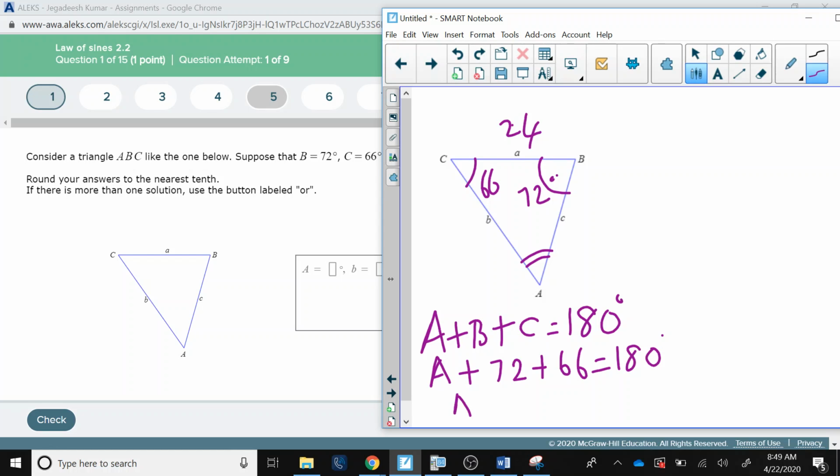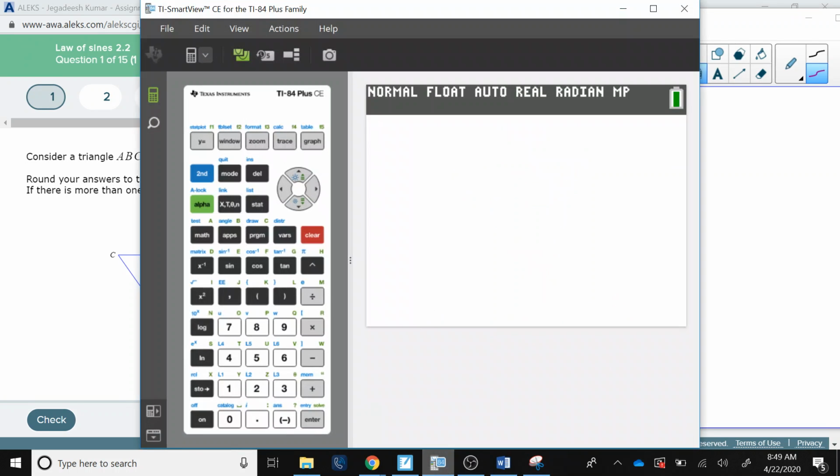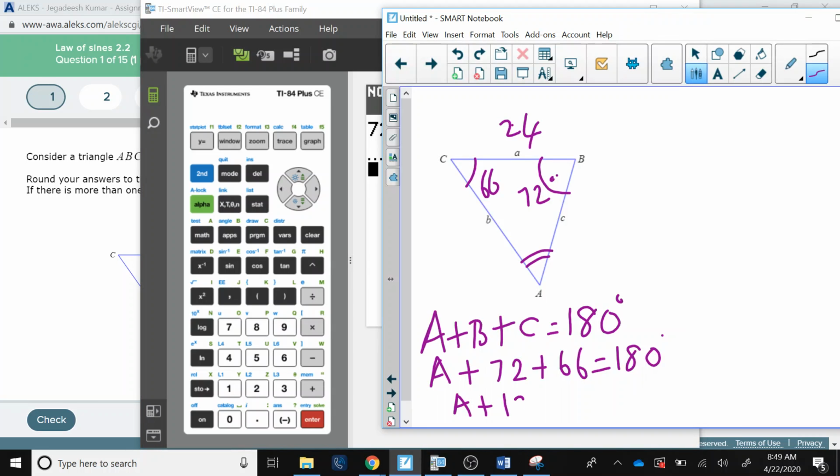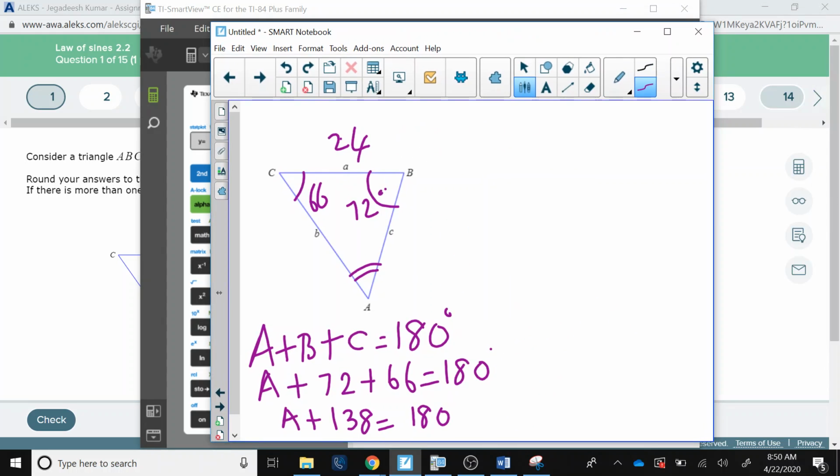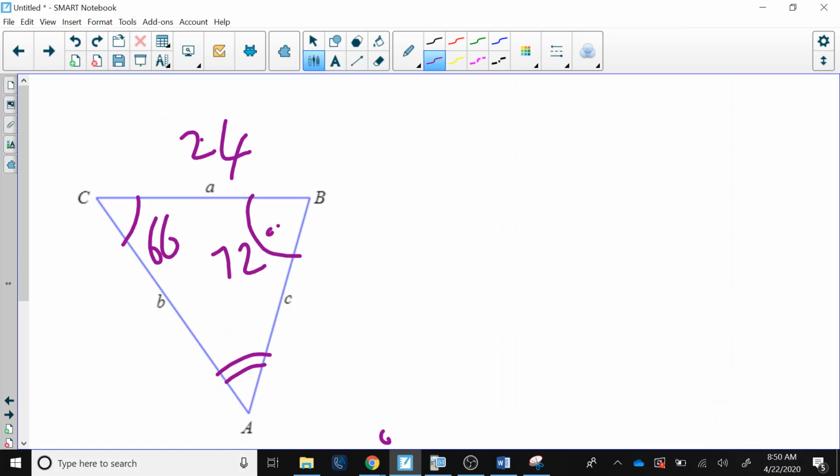What's 72 plus 66? Let me use the calculator. 72 plus 66 is 138. So A plus 138 equals 180.